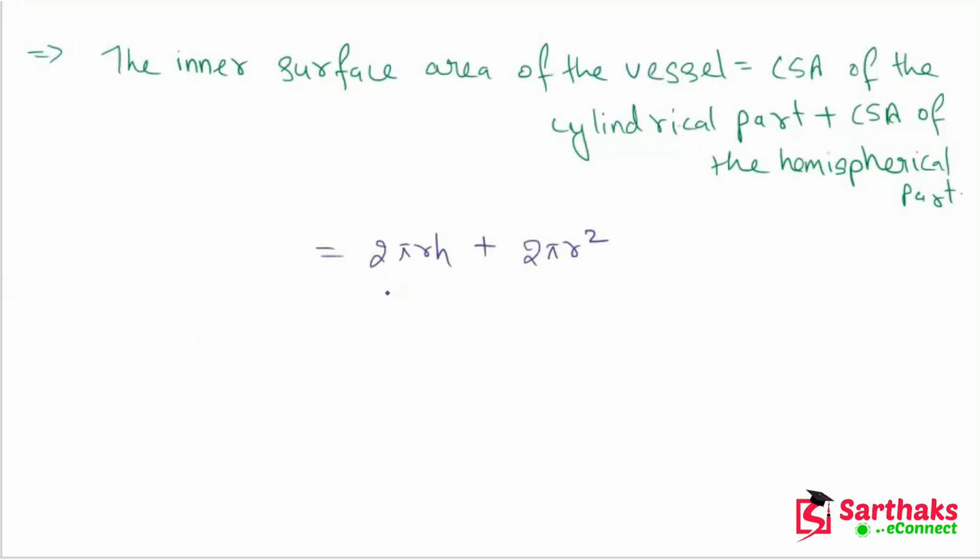Now if we take 2 pi r as common, we get r plus h. Now put all these values in this equation. So we get 2 into 22 upon 7 into, we know the value of r is 7, plus the value of h, which is 6 centimeter.